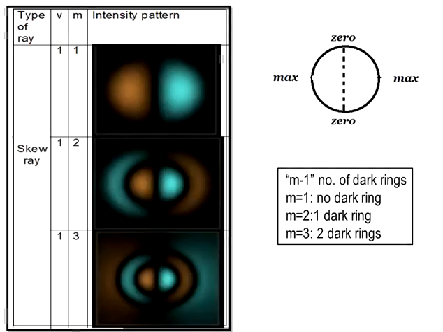Next we will consider skew ray propagation when V equal to 1. Now for V equal to 1, the pattern is shown. There will be two maxima. So there will be 1 0 line, and depending on M you will get the number of dark rings.